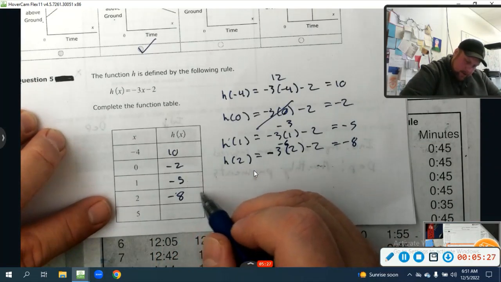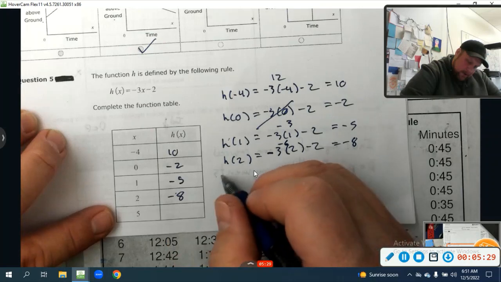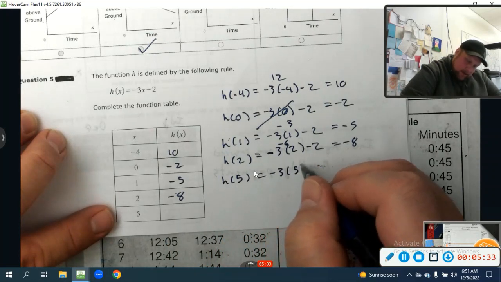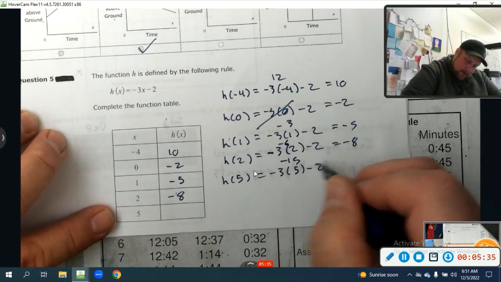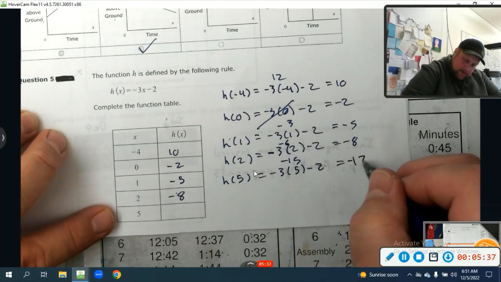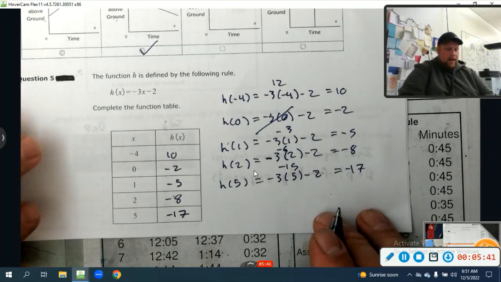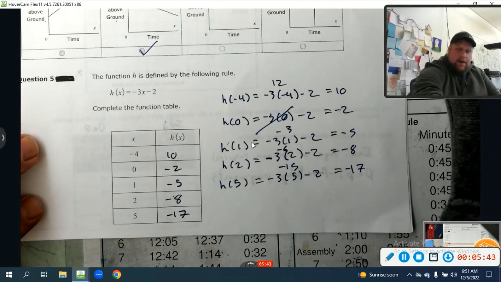I noticed a pattern between these two. And then h of 5 equals negative 3 times 5 minus 2, which is negative 15 minus 2, or negative 17. Boom! Right there. Look at that, guys. Again, pause this if needed. We're moving on.